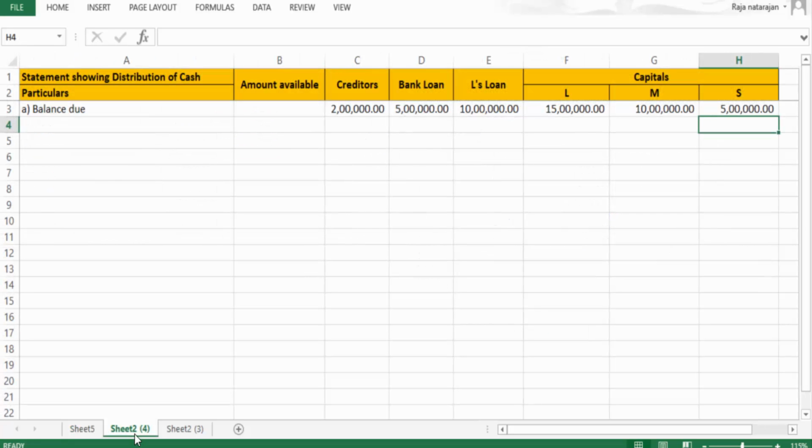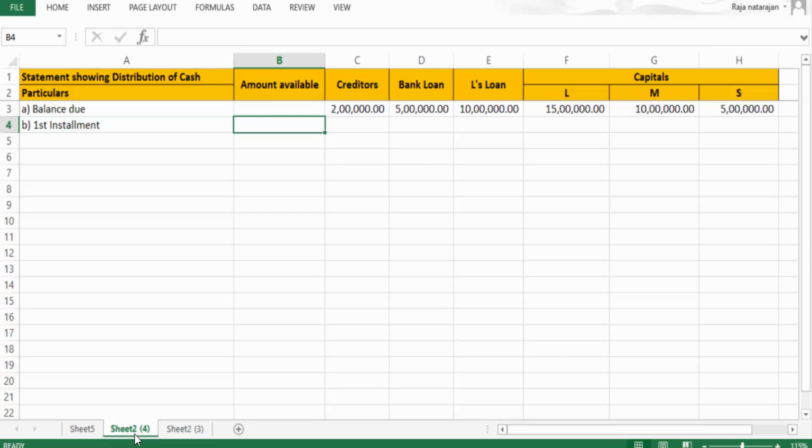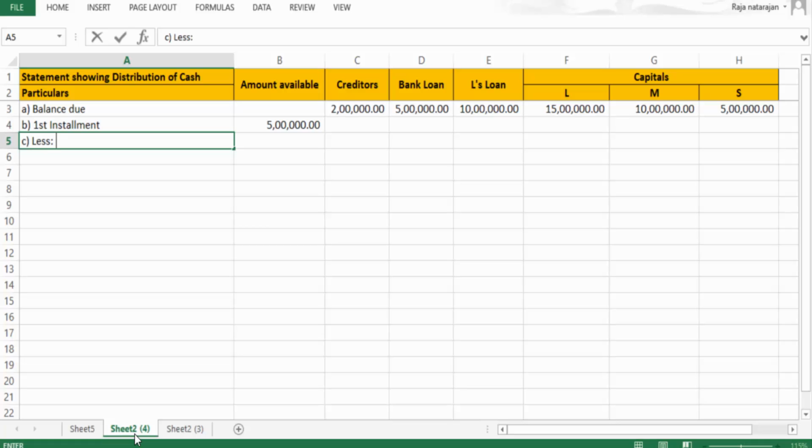So let's capture that first. First installment, item B. The amount available is 5 lakhs, but from this we have to pay liquidator expenses, which is 1 lakh.